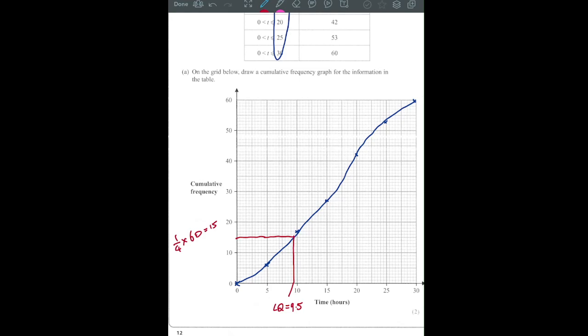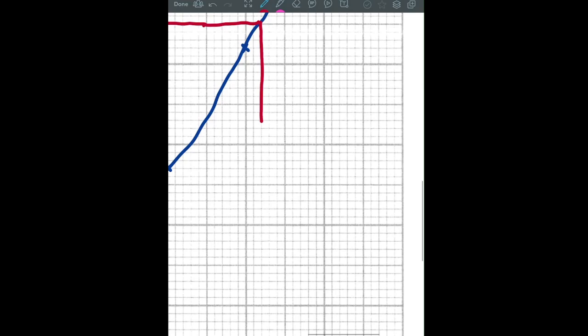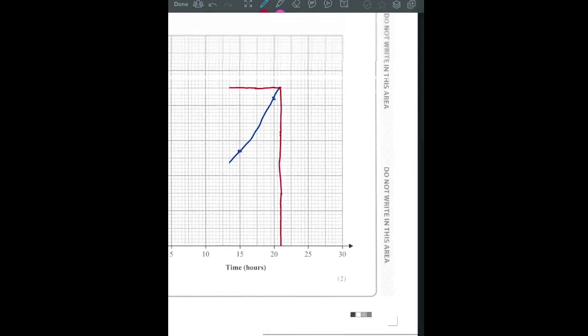For the upper quartile will be 3/4 of the way up. 3/4 is at 45, which is here. Trying to make my line relatively straight on the iPad. And then working down all the way. Okay, not really straight, but I'm just following the line. If I go off the line, I come back to it, to there.